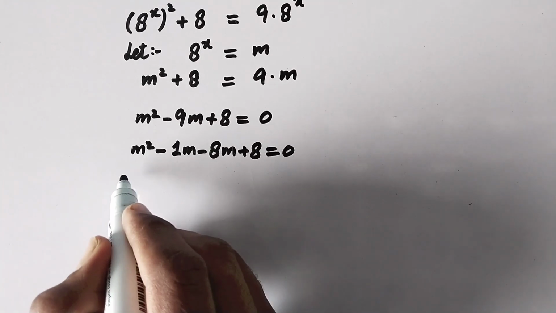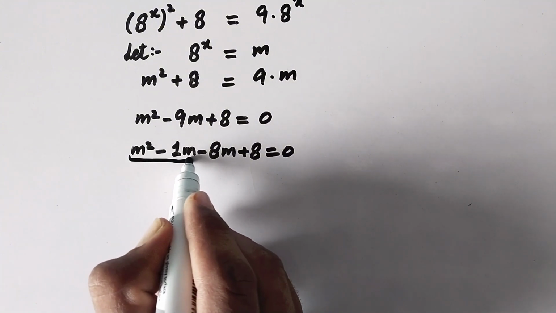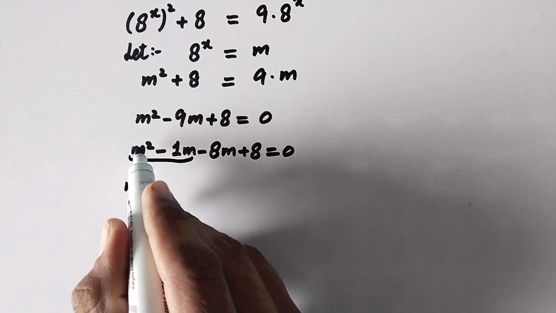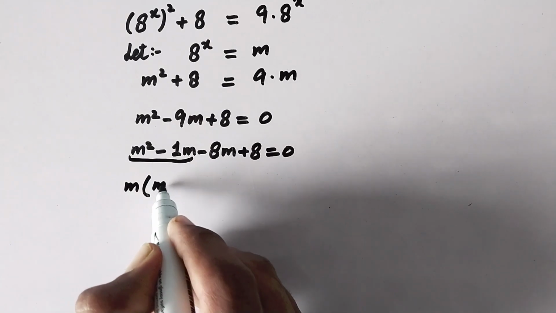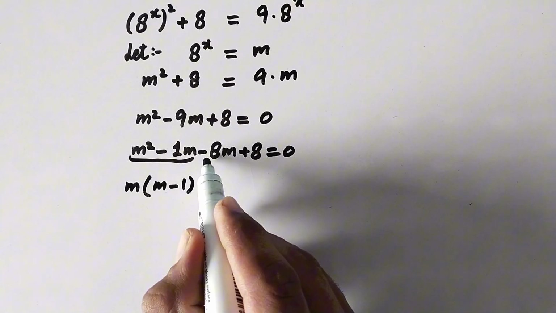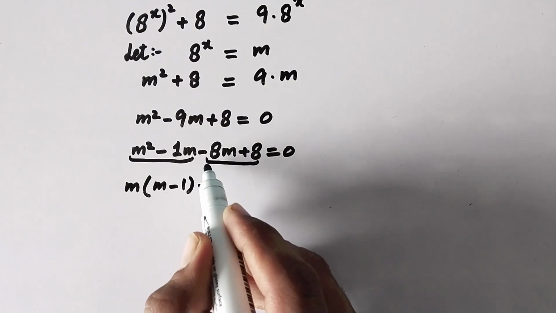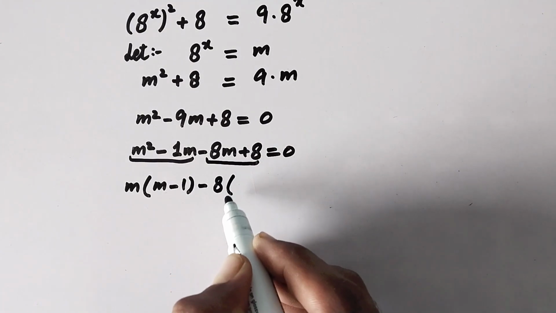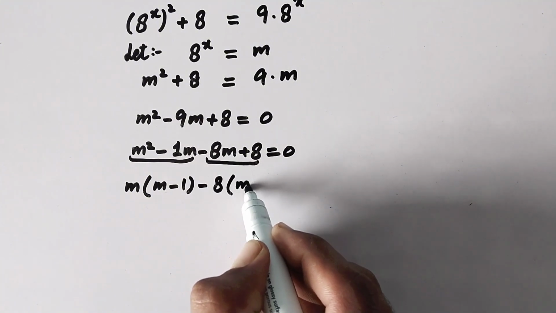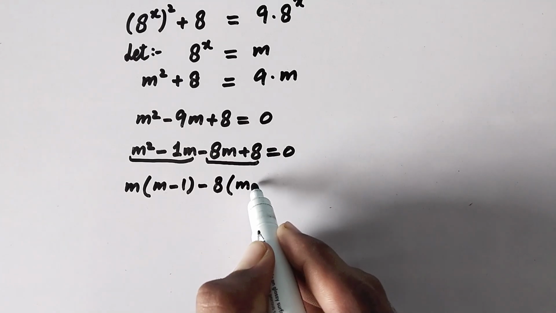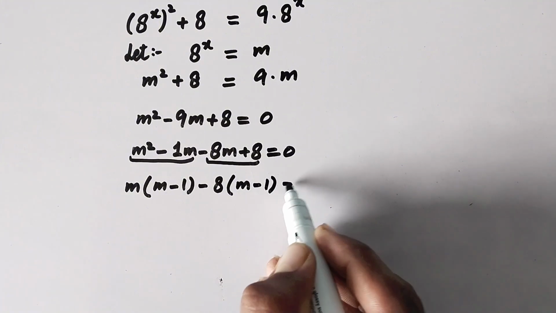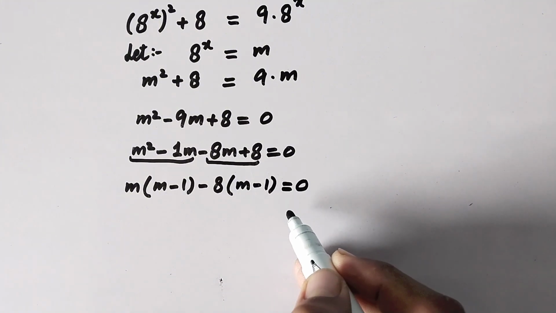So now in next step, from these two values we can take m as common factor. So here we are left with m minus 1, and from these two values we will take minus 8 as common factor. Therefore we are left with m minus 1, since minus times minus is plus and 8 divided by 8 is 1, equal to 0.